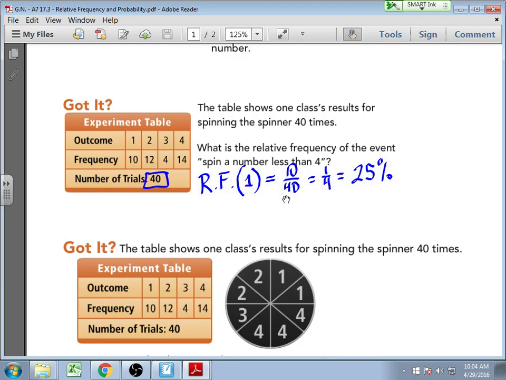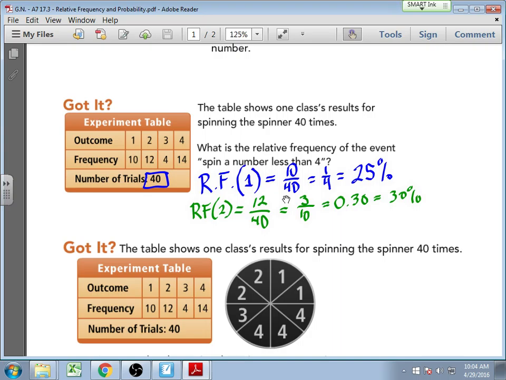Now my relative frequency of getting a 2: how many times does 2 occur? 12 out of a total 40. Both of these can be divided by 4, so this becomes 3 over 10, and that would be 0.3 or 30%.